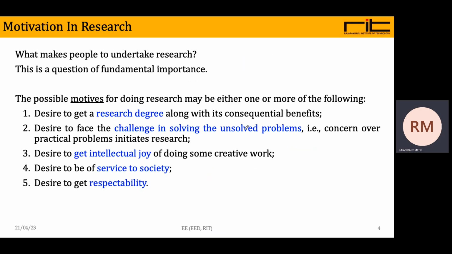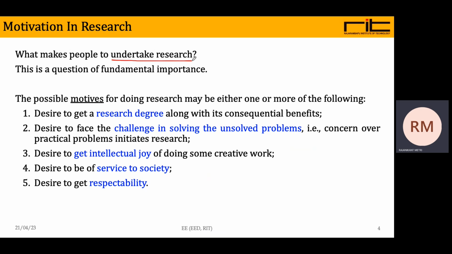Now, what motivations are required in research, or what makes people undertake research? This is again a fundamental question, and we all come to this question. The possible motivations for doing research may be any of the following. One is the desire or need to get the research degree.